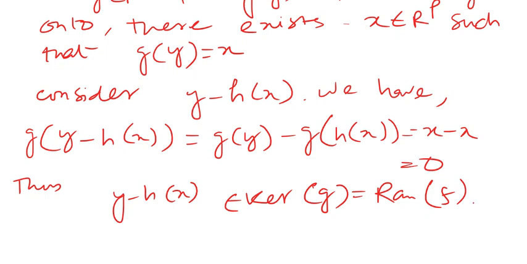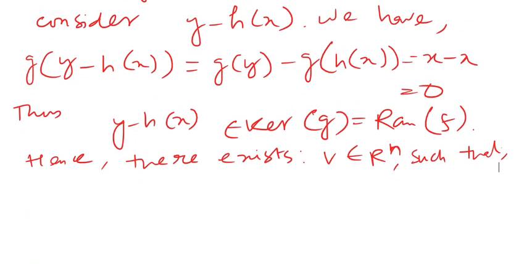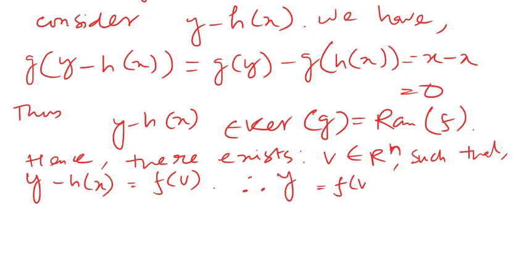So hence there exists v belongs to R to the power n such that y minus h of x equals f of v, and therefore y equals f of v plus h of x by transposition of elements.